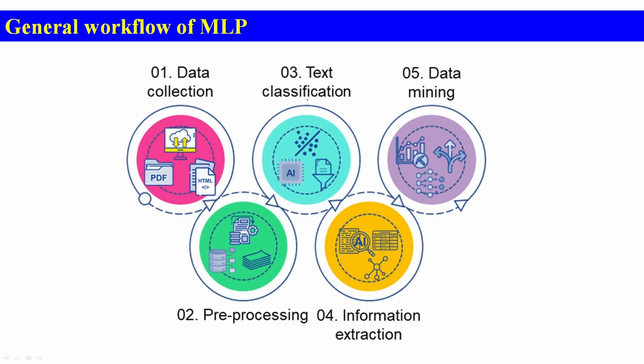The second step is pre-processing. After you collect the data from these PDFs and HTML, you have to pre-process it, and this is what is called pre-processing of data, which we will discuss today or maybe in the next lecture. Once you pre-process, you can classify your text, and once you classify, you can have information extraction. So you classify the text, let us say something is experimental, something is computational; this is one classification.